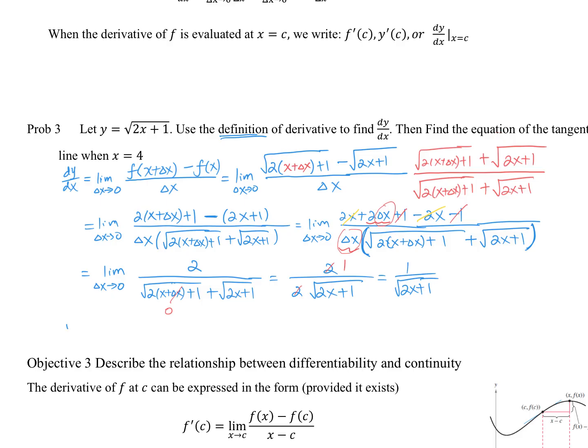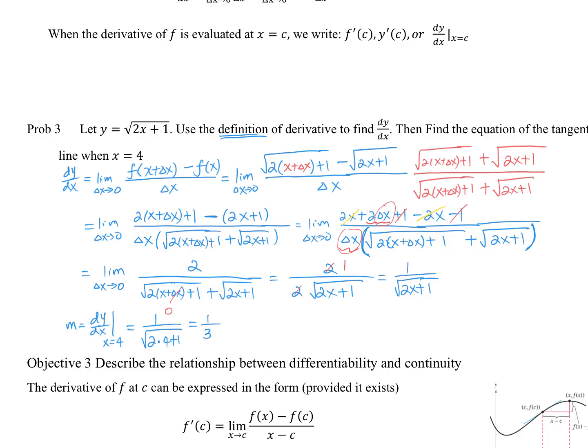So therefore, the slope is dy dx when x is equal to 4. And this is our derivative, so I need to plug in 4 in here. And this is 1 over square root of 2 times 4 plus 1, which is 1 over square root of 9, which after the square root gives us 3.